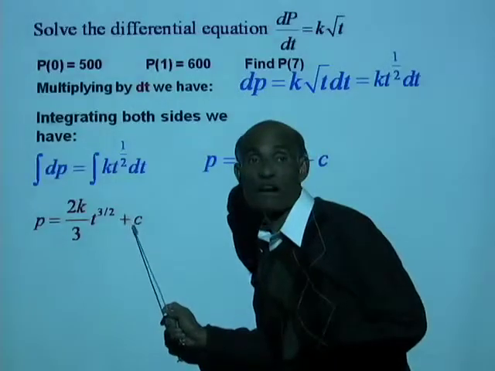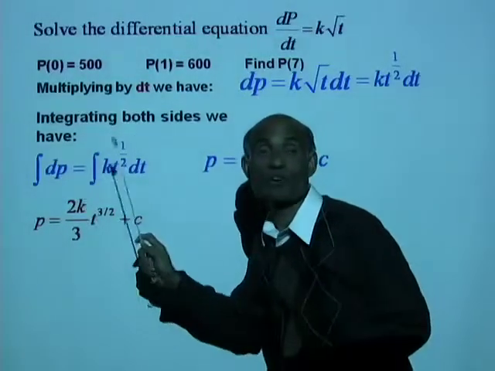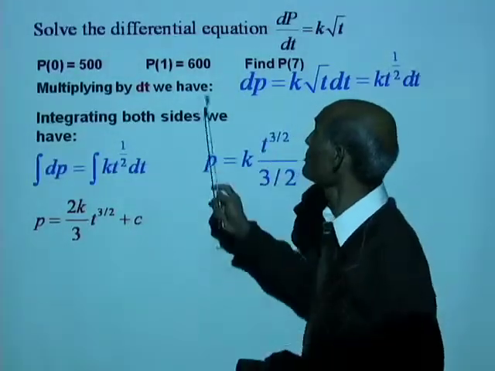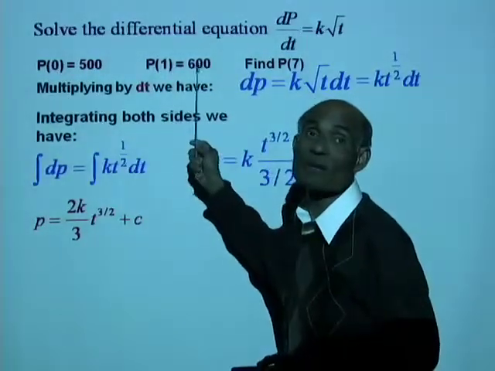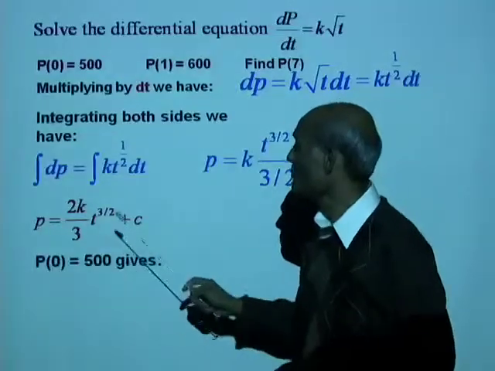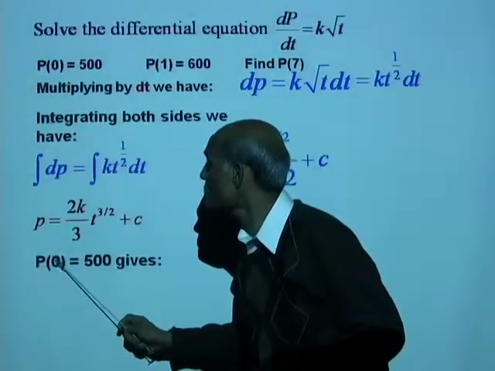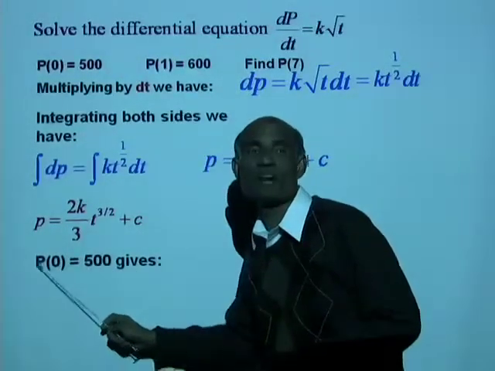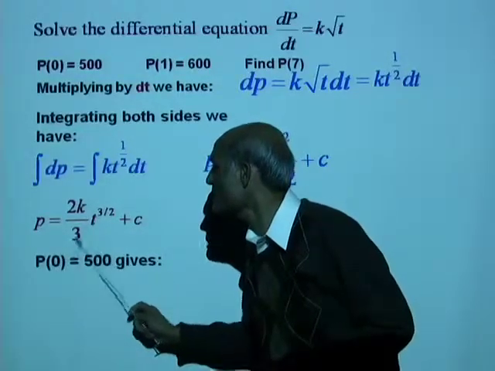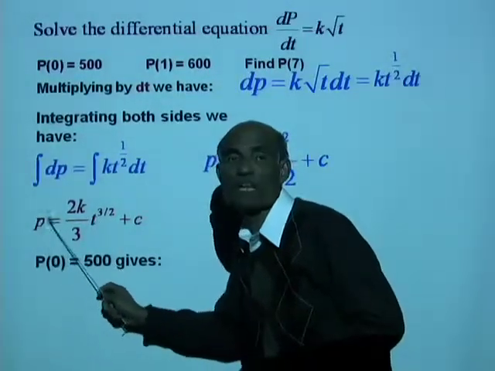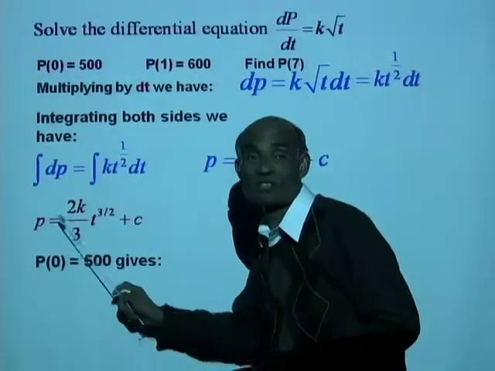Now, we need to find the c and also that k. How do we do that? We can use these two given values. Now, we are given that p of 0 is 500. What does that mean? It means if you replace this t by 0, this p will be 500. Let's do that.